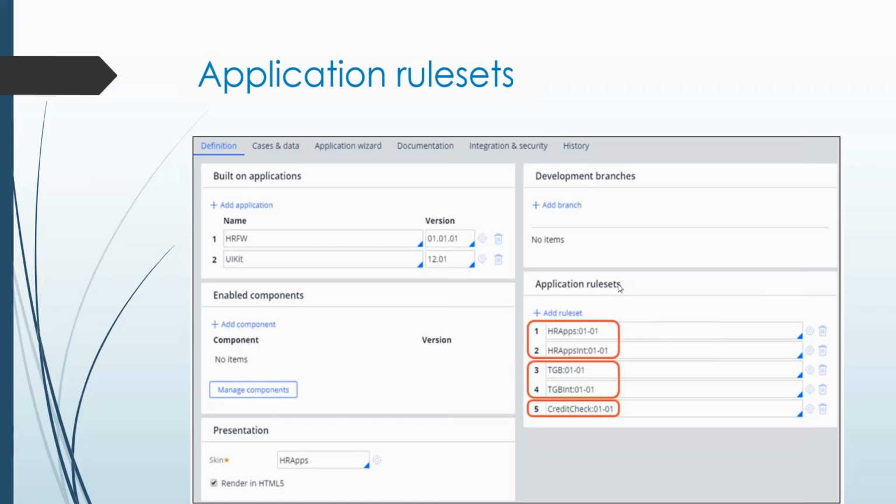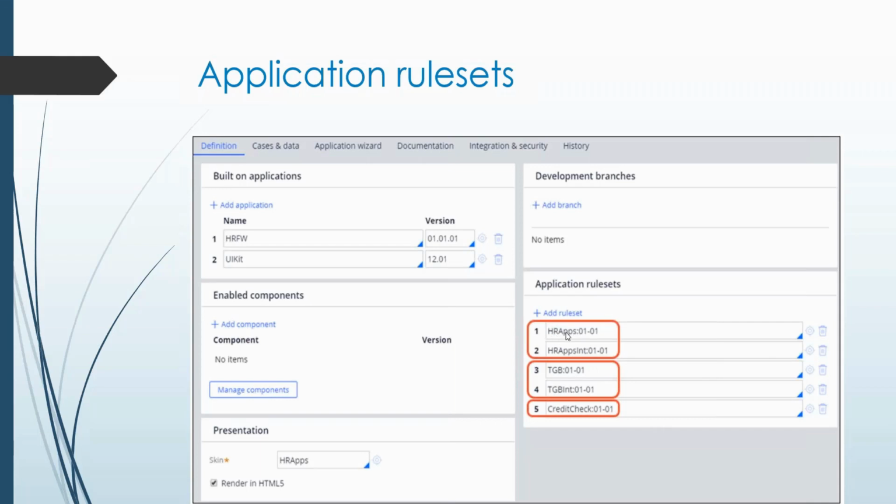We call it a stack because this order is what determines the priority. So which rule set should be given priority here? The top priority always goes to your application rule set, because that's where most of your rules would reside. If the system is not able to find some rules there, then it goes to the second one.